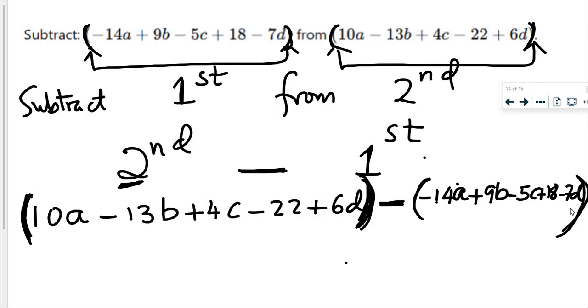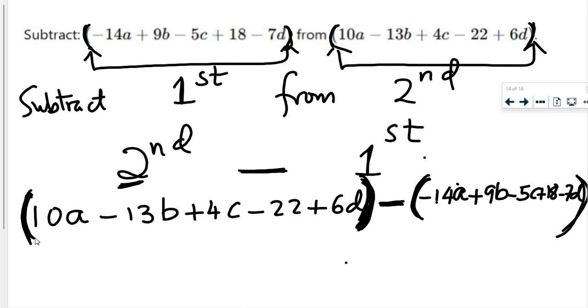Okay. Now what I said, the bracket in this expression here can be omitted, but the bracket here should not be omitted, should stay.